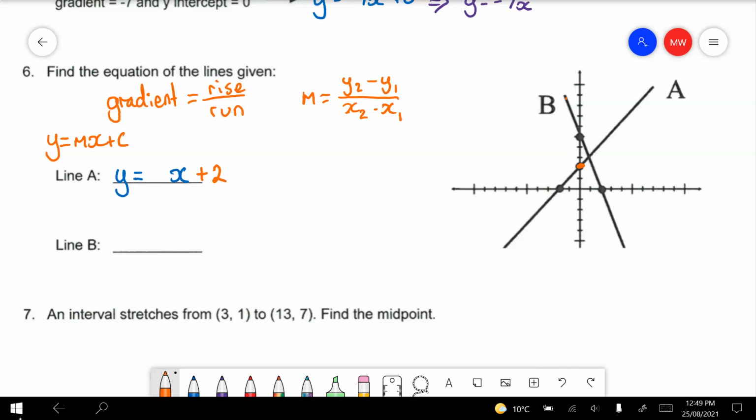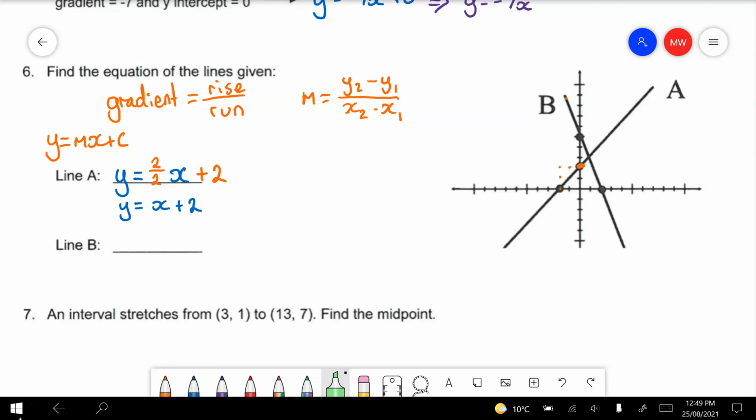And to find the gradient, it's the rise over the run. So it's a rise of 1, 2 over a run of 1, 2. So that's 2 over 2, and we can simplify that to 1. So another way to write this, the final answer will be y equals 1x plus 2.